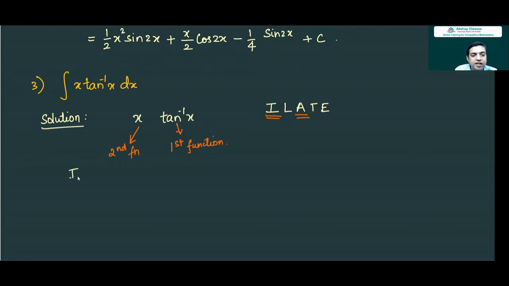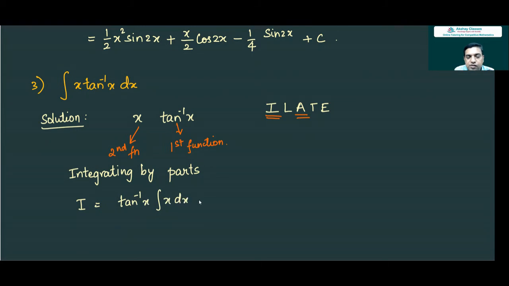So integrating by parts. First function, what will it be? x. No, sorry. First function is tan inverse x times the integral of the second function, integral x dx, minus integral of the derivative of tan inverse x into integral of x dx.